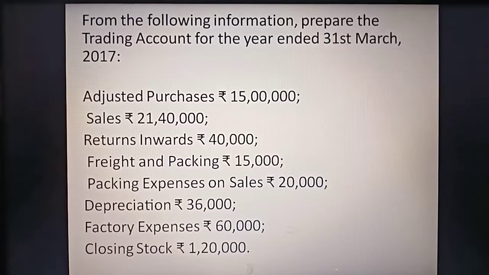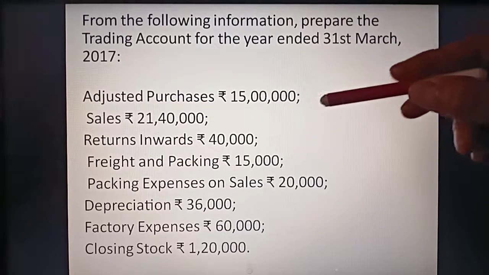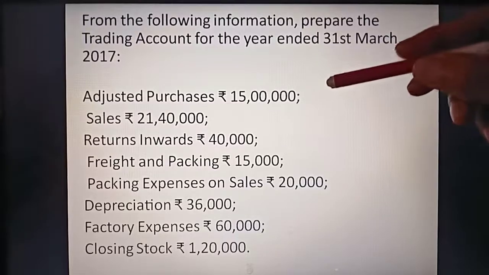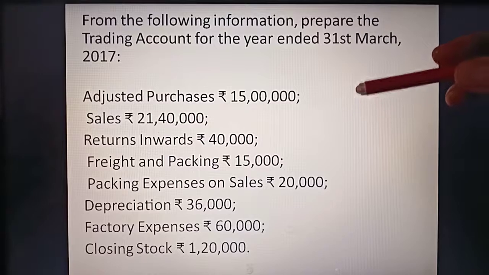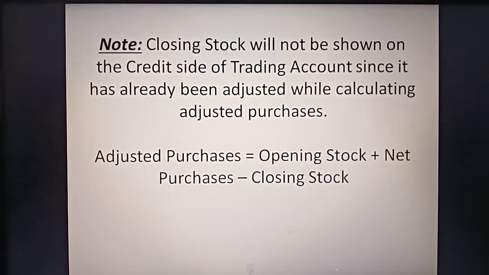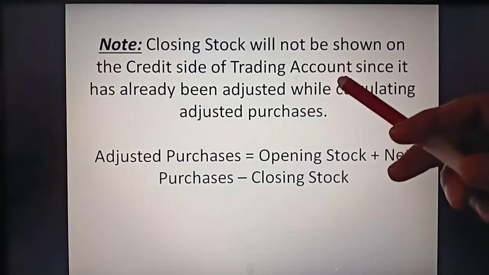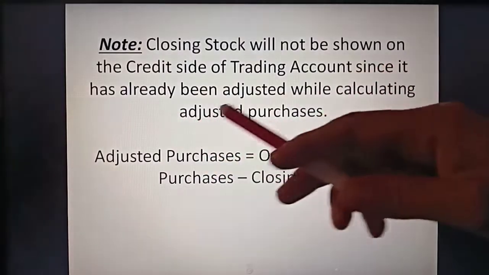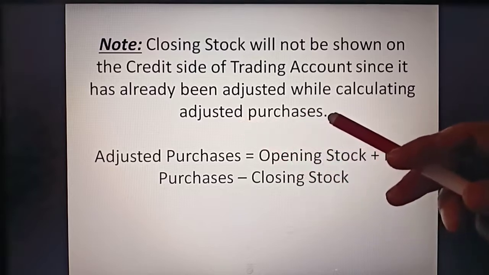So, let me tell you what the meaning of adjusted purchase is here. Adjusted purchase means opening stock and closing stock have already been calculated under purchase. Closing stock will not be shown on the credit side of the trading account since it has already been adjusted while calculating adjusted purchase.